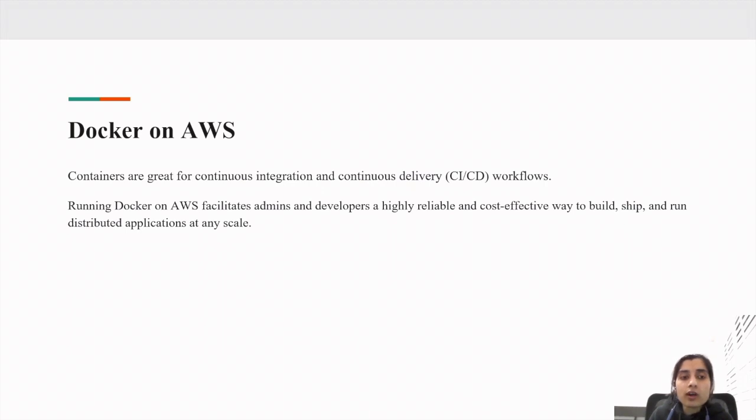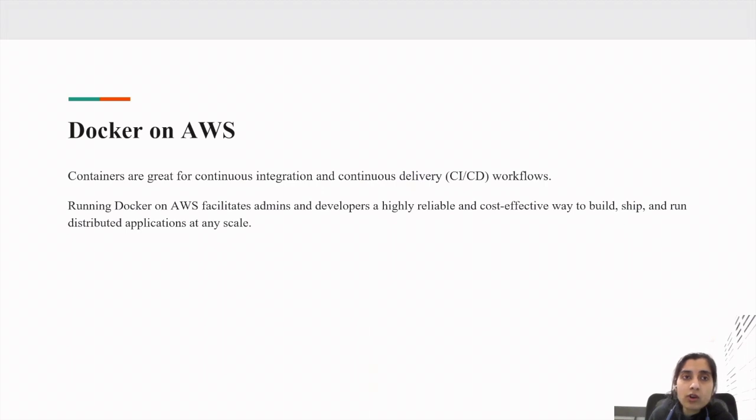Now, Docker on AWS implementation. Basically, Docker is considered a great solution for CI/CD, continuous integration and continuous delivery. For example, a developer has developed some application and shared it with the team members using a Docker container.